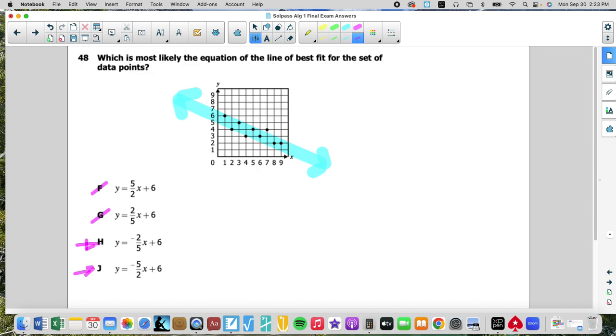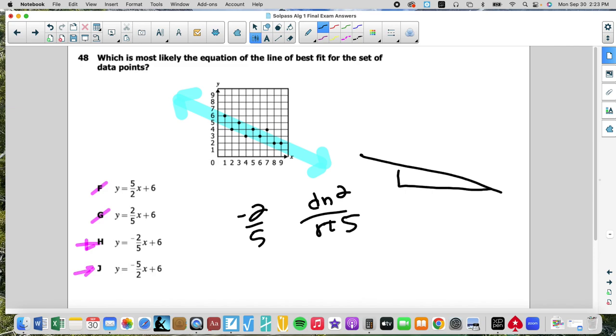Am I going negative 2? So when I have a slope of negative 2 over 5, I'm going down 2, right 5. So that's longer this way, so it's going to be flatter opposed to negative 5 over 2, which is down 5, right 2. So down 5 and then right 2 is going to be steeper.